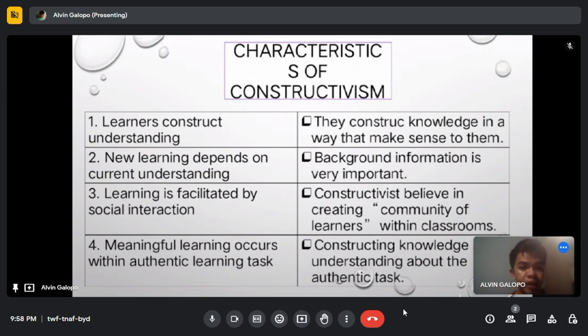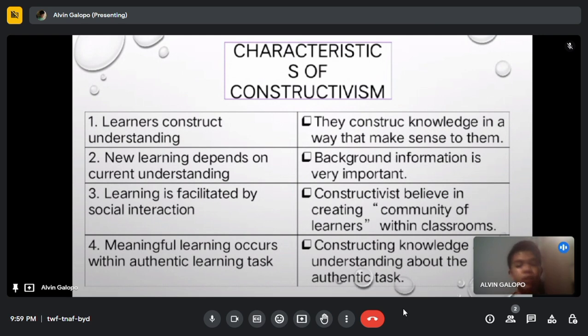This also emphasizes the idea that the acquisition of knowledge or information is influenced by the interactions of students with one another, through collaborative activities, experiences, and reflection. So that is the third one.